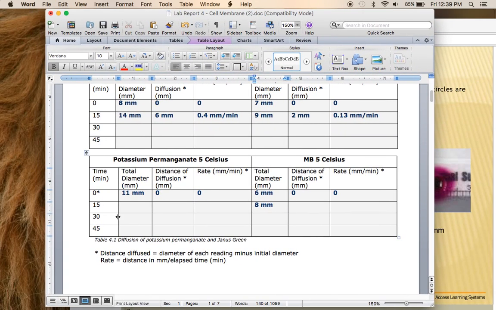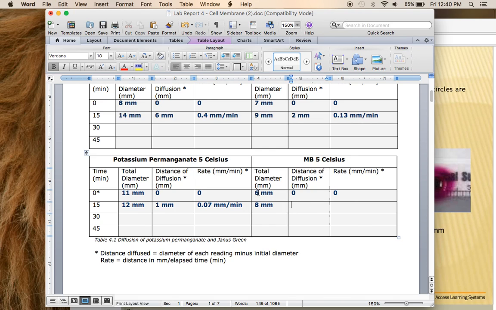Potassium was at 12. So the difference between 11 and 12 is 1, so it's only moved by 1 millimeter. So the rate is the distance it's moved, which is 1, divided by the elapsed time, which is 15. So 1 divided by 15 gives you 0.07 millimeters per minute.